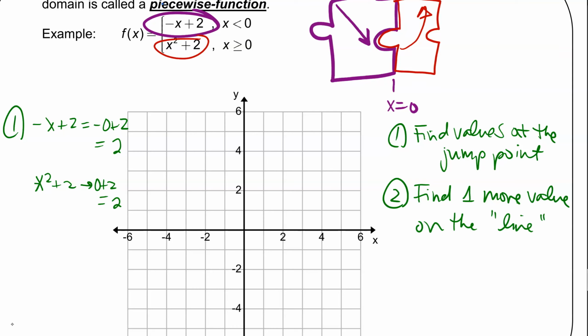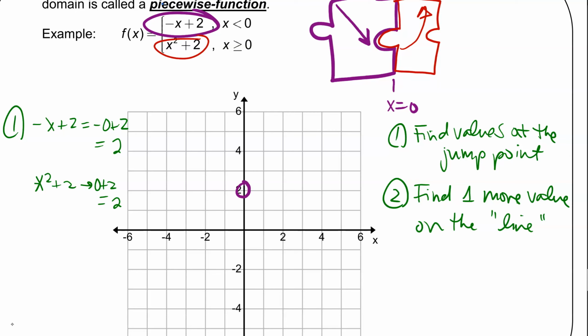I circled it in purple. So I see y will equal 2 when x equals 0, right? This first value I plugged in, I found 2. But the issue is it's less than 0, not equal to. So I don't draw a filled in circle, I draw an open circle at 0, 2.